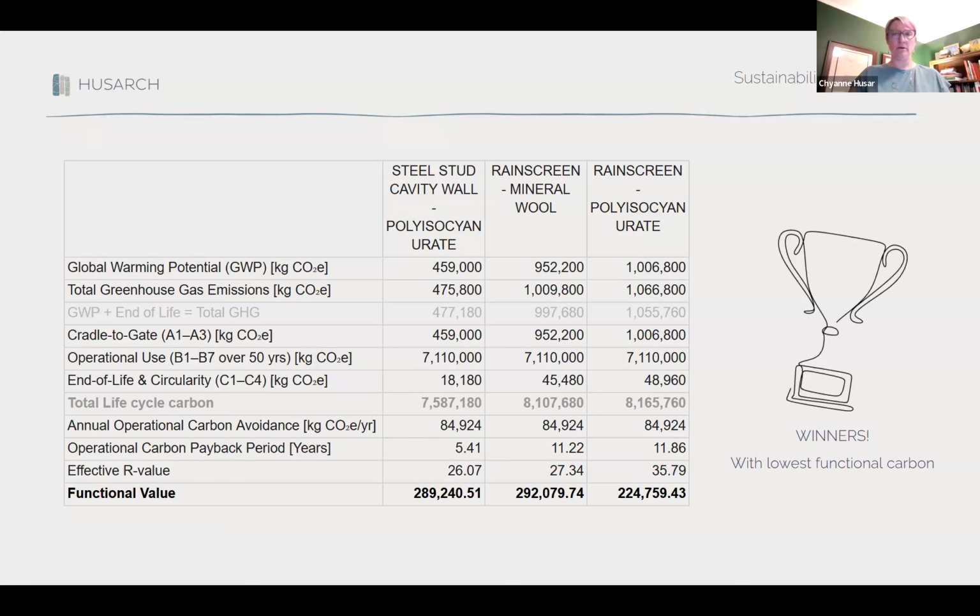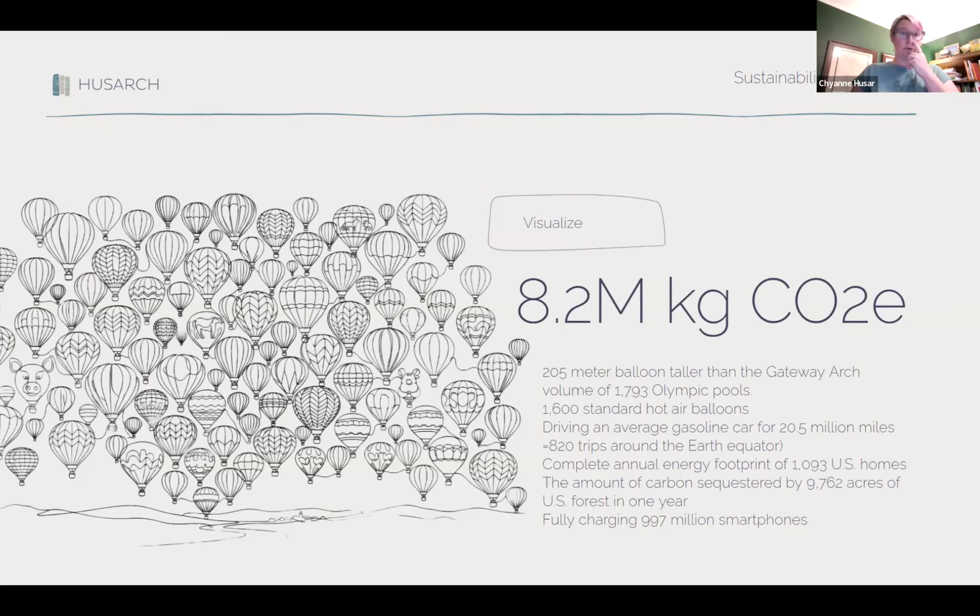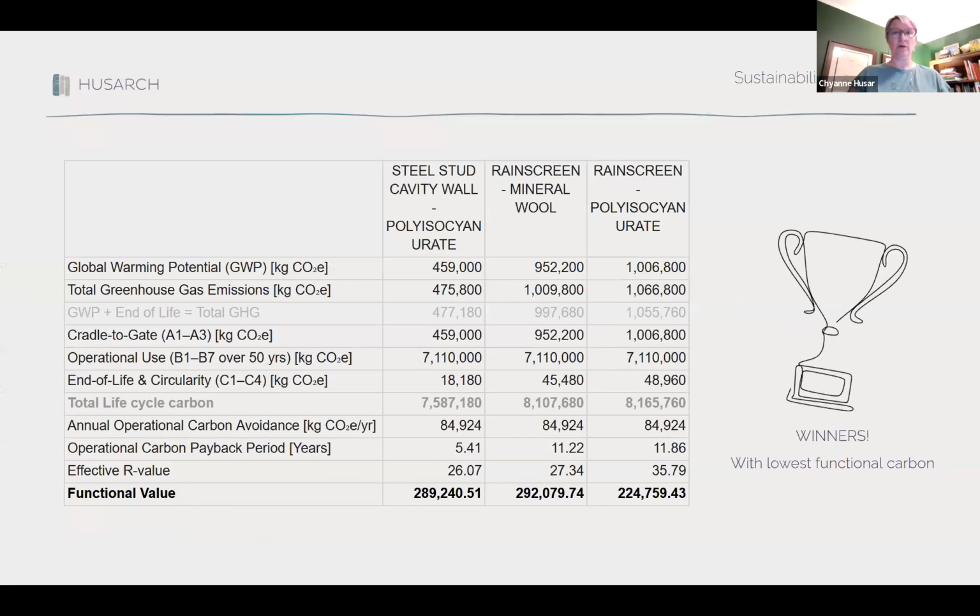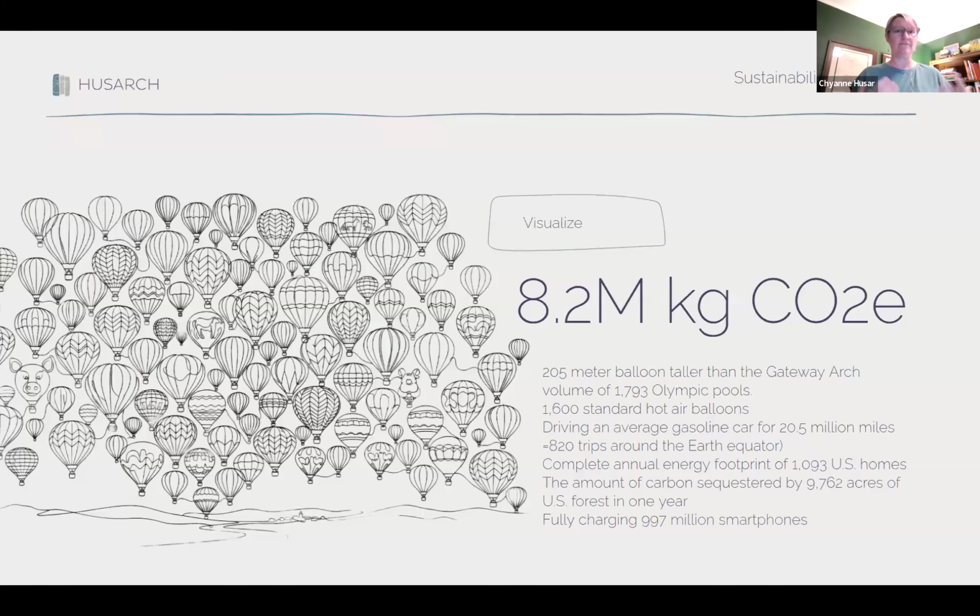So it was somewhat unexpected to us, but I think there were a couple of things to think about. I want to go back to that visualization. If you think about what 8 million kilograms or 8,000 tons of carbon dioxide equivalent looks like, I found the image of 1,600 hot air balloons to be pretty useful.